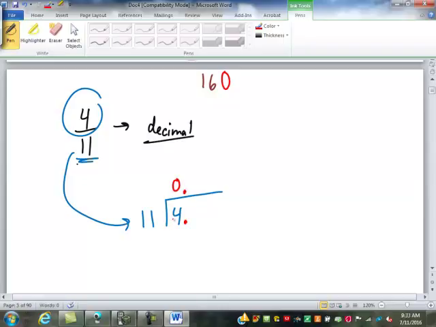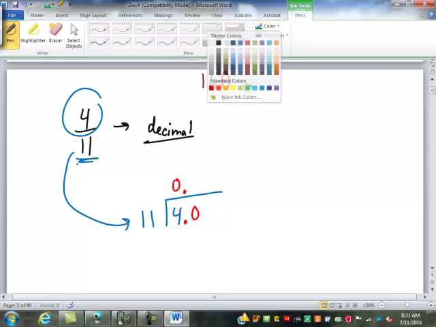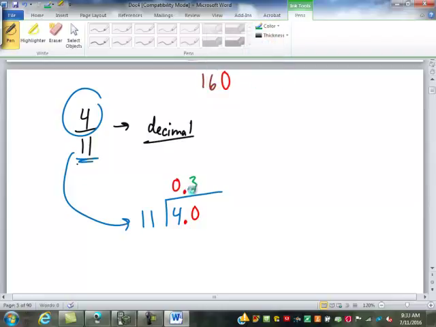Now what do we do? Add a 0 after the decimal point. 11 does go into 40 3 times. 3 times 11 is 33. We subtract. 40 minus 33 gives us 7 left over.